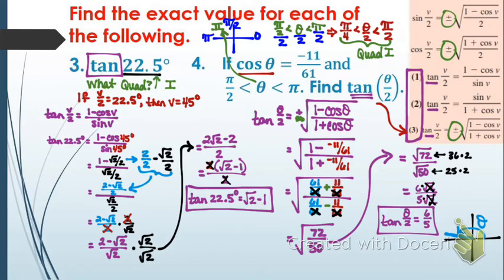I know what the cosine of theta is, but I don't know what theta is. So let's pretend that theta is 179 degrees. What's half of 179? 80 something. Less than 90, right? Well, what quad are you going to be in if you're less than 90?